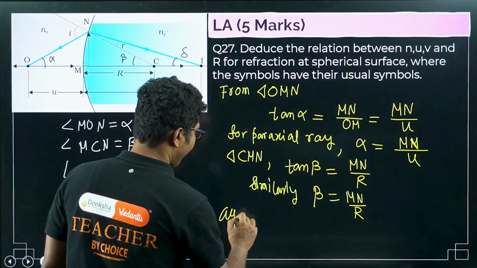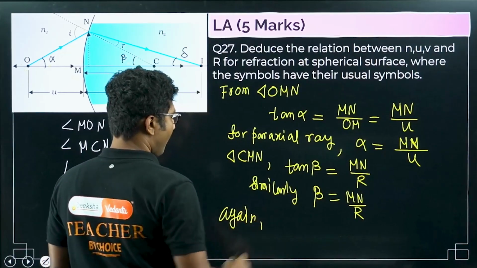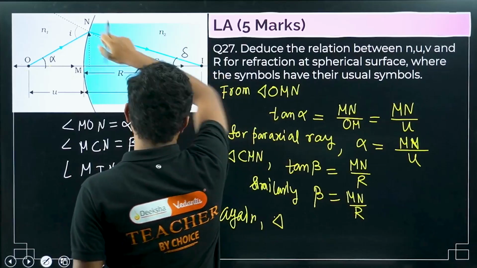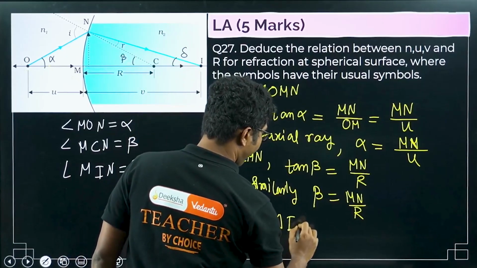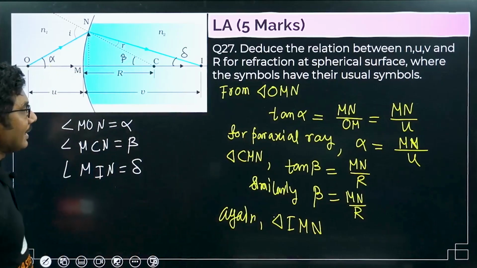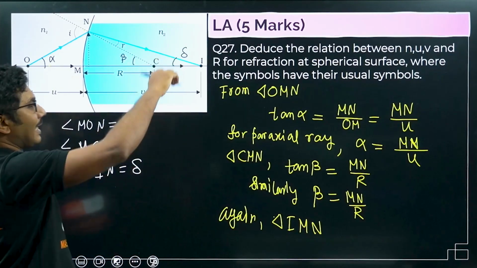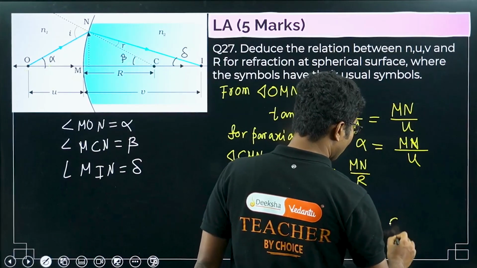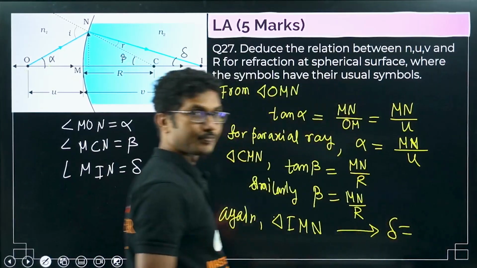Again, from triangle IMN. Now in IMN, can you tell me the angle value delta directly without requiring to write tan delta?